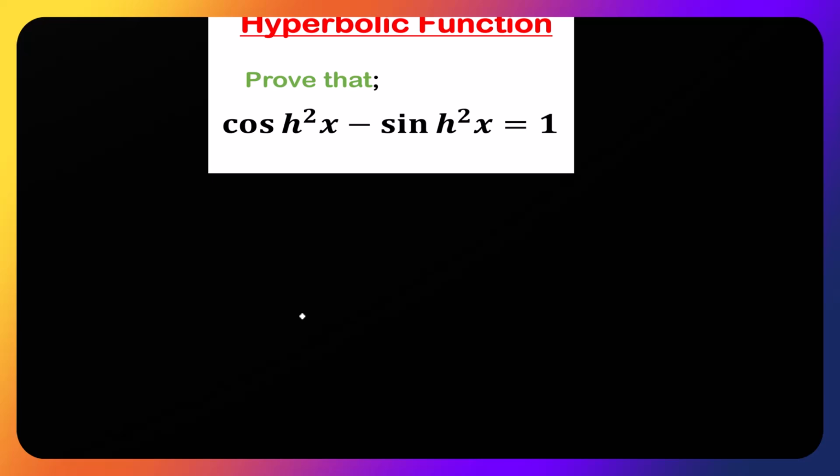Now let's look at this proof. This one is under hyperbolic function. In short, if I write cos x, this is the normal trig ratio, but once I make it cos and add h, this will be cosh x.